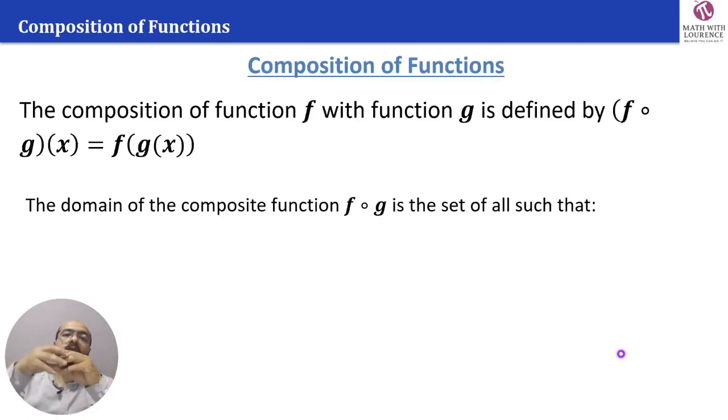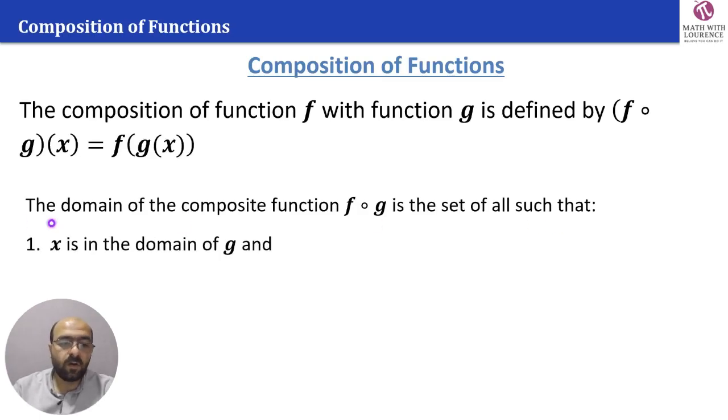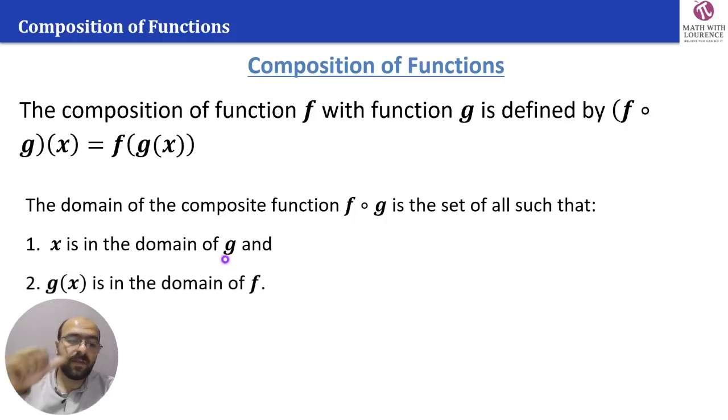When I combine them, I will have a new domain, so I have to find this new domain. The domain of the composite function f of g is the set of all x such that I have two things: first, x is in the domain of g, and second, g of x is in the domain of f.